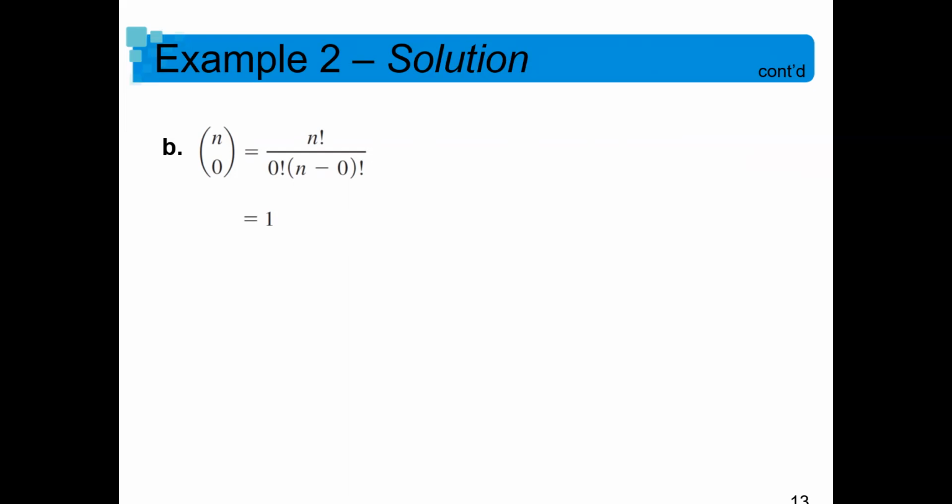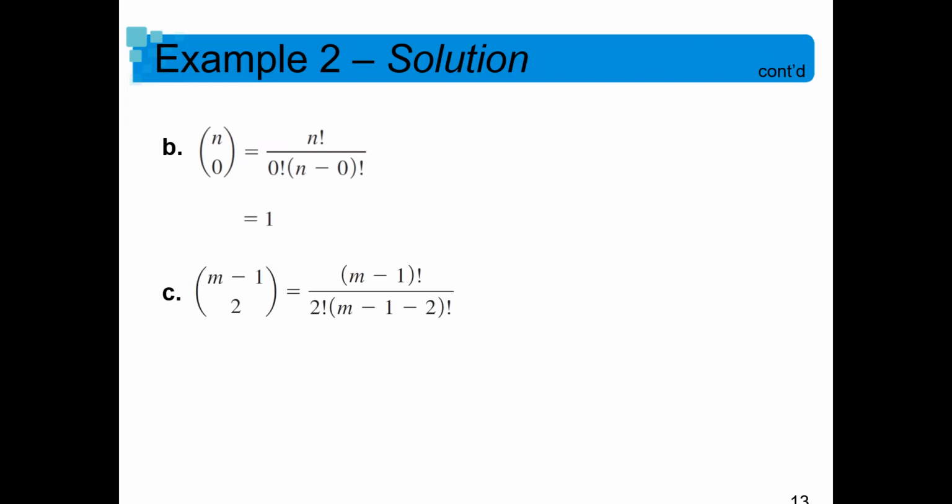So if you choose 0, there's only one possible combination, because what we get is the empty set. And the empty set is also a subset, but that's just one subset. So the answer is 1.